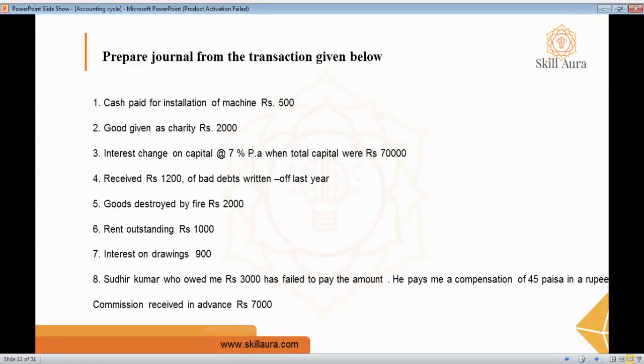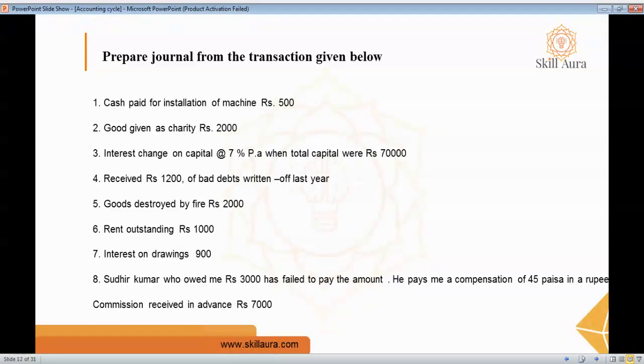Here we debit the drawings account, which records the amount of 900 rupees, which represents the interest on the drawings. It is a part of the capital account. So you'll debit the drawings account in the debit column with 900 rupees, and we credit the interest account, which reflects the income from the interest on drawings. So you'll credit 900 in the credit column.